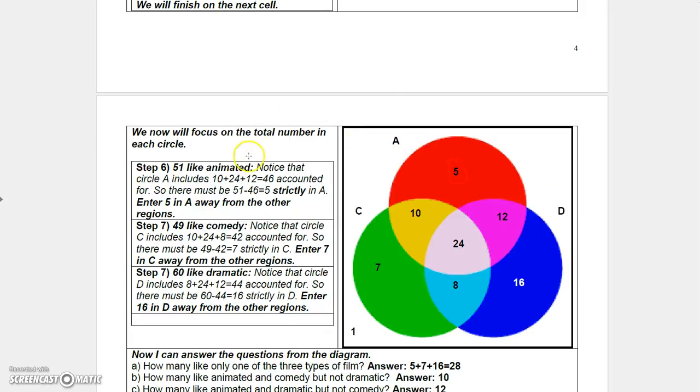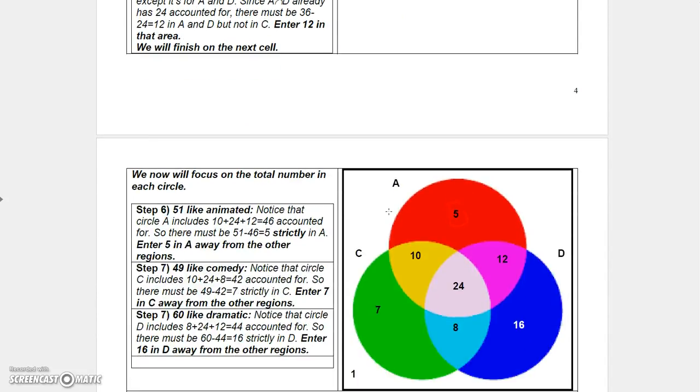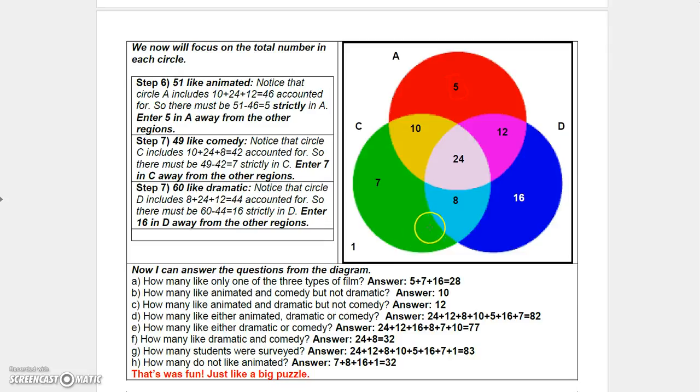Okay. All right, then also 49 like comedy. Well, in comedy we had 10 plus 24 plus 8. If you add that up, that's 42. Since comedy has a total of 49, that means I need 7 out here in comedy so that it equals 49.